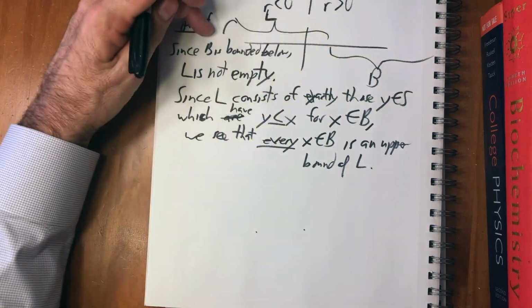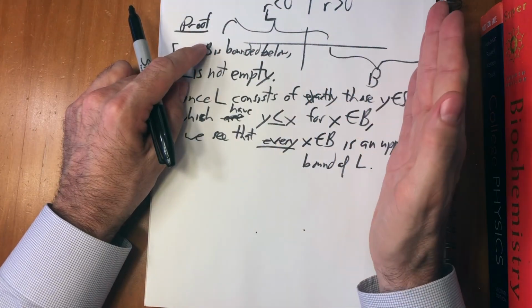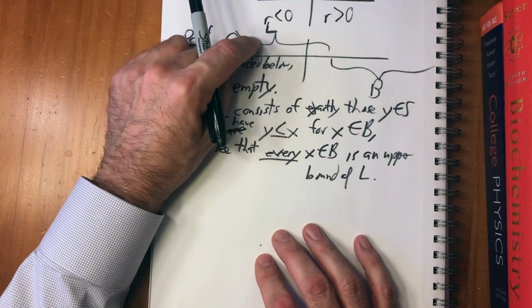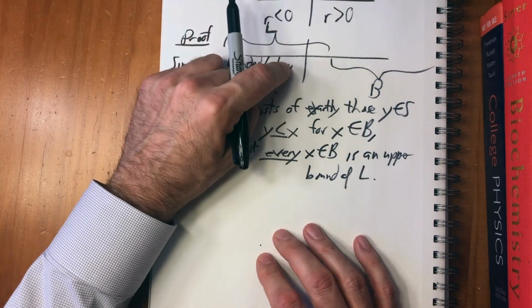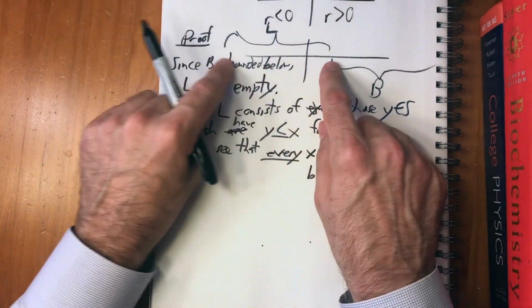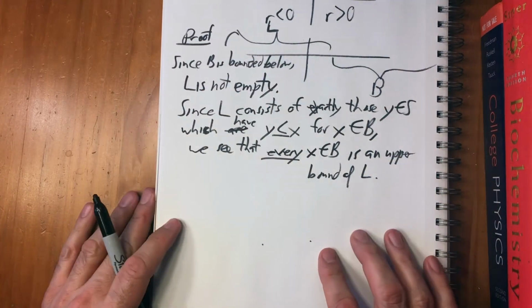L consists of all the elements of S that are less than every element of B. That's just another way of saying that it's a lower bound. If there's a number that's less than everything in B, it's a lower bound of B, right? L is all of those numbers. Every number that's less than everything in B.